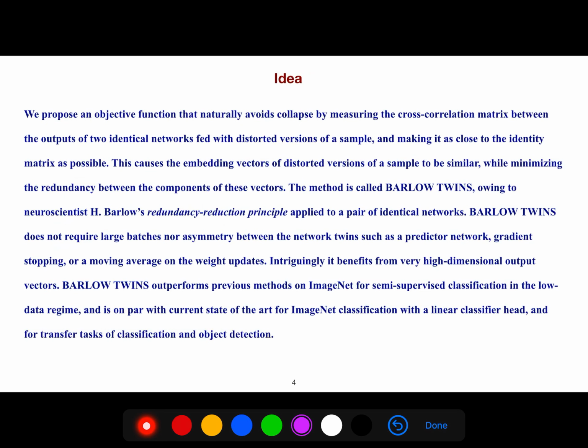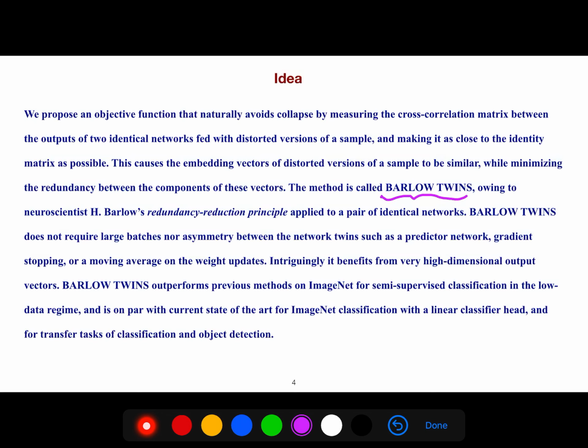We propose an objective function that naturally avoids collapse by measuring the cross-correlation matrix between the outputs of two identical networks fed with distorted versions of a sample and making it as close to the identity matrix as possible. This causes the embedding vectors of distorted versions of a sample to be similar while minimizing the redundancy between the components of these vectors. The method is called Barlow Twins owing to the neuroscientist Barlow.